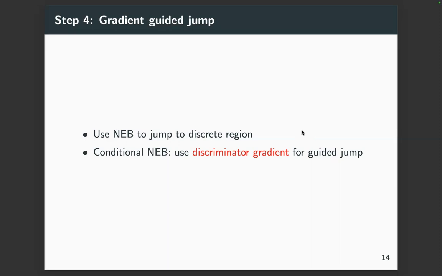We are using gradients for both steps actually. So the gradient guided walk would be almost the same as the classifier guidance, and then you still have to jump back to the discrete space using the gradient. In our paper, we also show that with and without the gradient makes a difference.